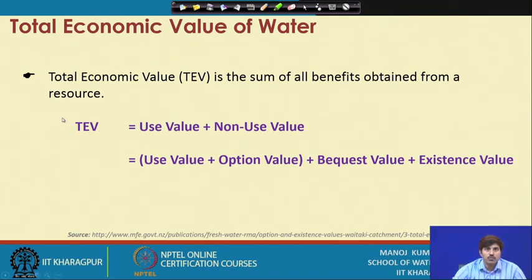This TEV will add use value and non-use value, and non-use value, as we said, is bequest value and existence value, and use value plus option value, which you can consider as a use value or non-use value based on your opinion of how and where you are keeping this. Okay. So, it will be the sum of use values, option values, bequest values and existence values. So, a combination of all these will give you the total economic value.